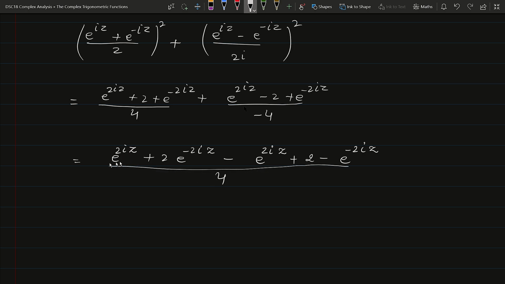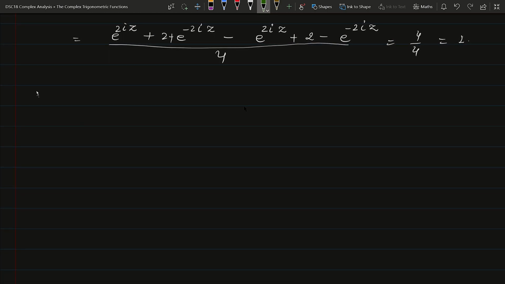So you can see this will be cancelled out by this one. This is 2 and here we must have 2. Okay, so e to the power minus 2 iota z, then here we have e to the power in the negative, so it will be cancelled out by this. So we will have 4 over 4 and that is equals to 1, and hence the identity, right?